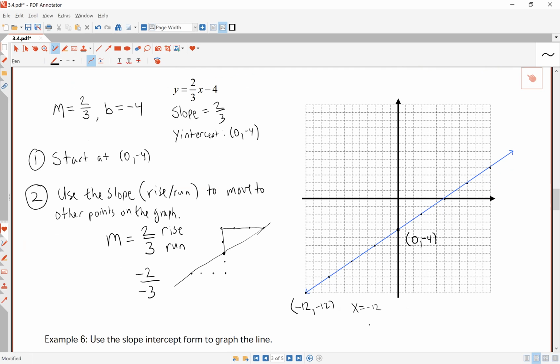Using the original equation, y equals 2/3 times -12 over 1, minus 4. 3 goes into 12 4 times. 2 times -4 is -8, minus 4 is -12. That is what I expected, and that tells me that I have done a great job getting the graph correct.